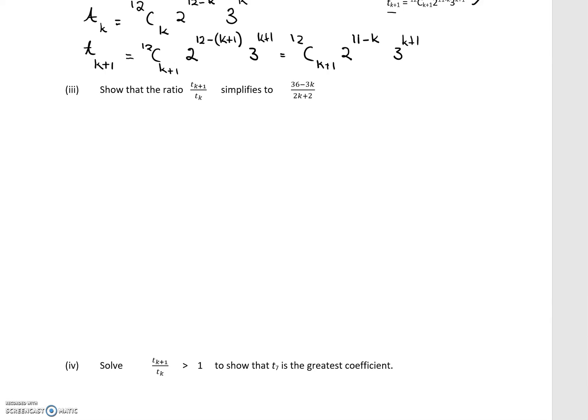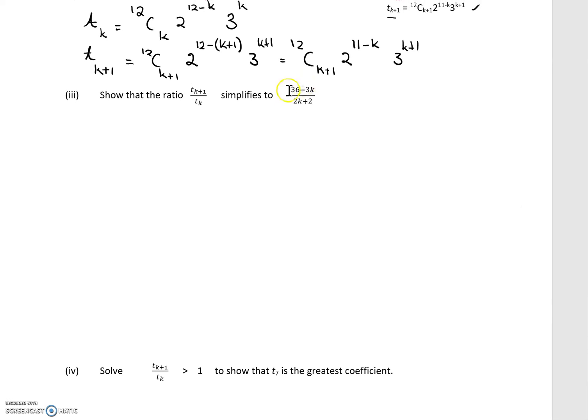Now, like I said, much of the questions actually just test that you can simplify that ratio. So it's telling us here that they want us to show that the ratio simplifies to this.